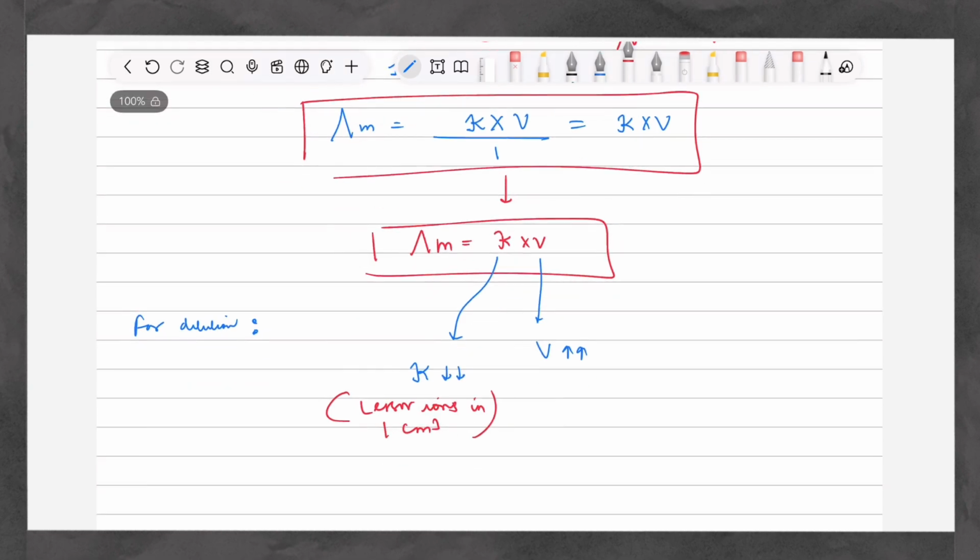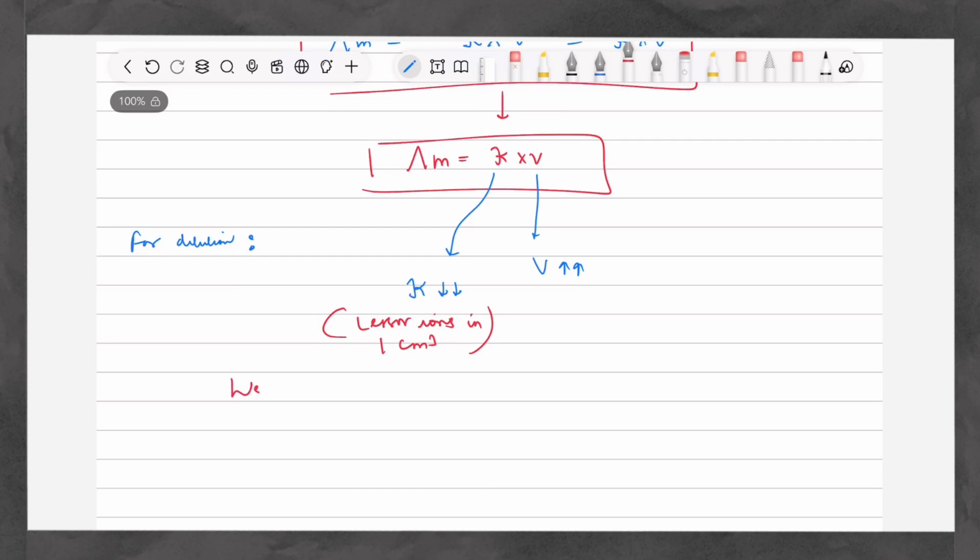So to get the molar conductivity value, we have to multiply both the terms, in which one term is increasing and the second term is decreasing. So they can compensate each other, but what we have seen is that V increases more significantly than conductivity.